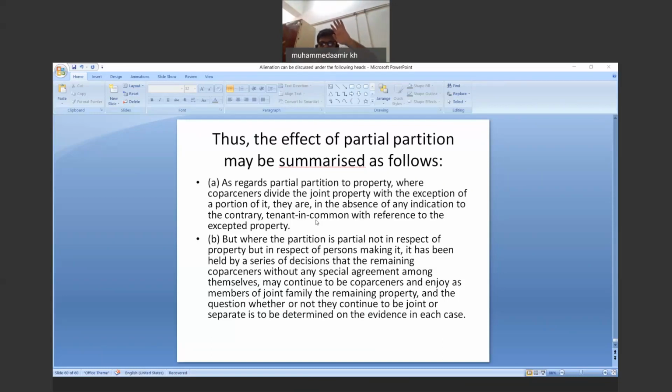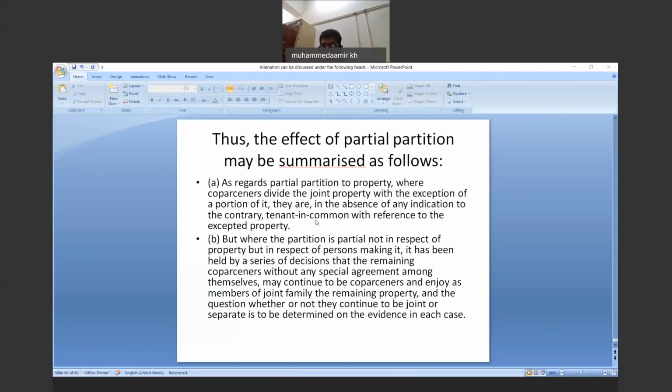But after the shares are so ascertained, the parties might elect either to have a partition by metes and bounds, which means the actual division of property, or to continue to live together and enjoy the property in common as before. Whether they did one or the other will affect the mode of enjoyment, but the tenure of the property is the same. There is a situation where joint ownership has been turned into joint possession and enjoyment until the physical partition.